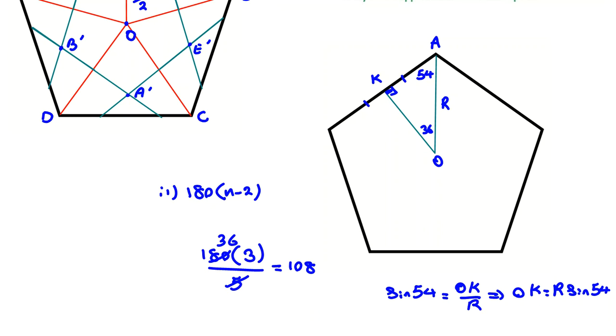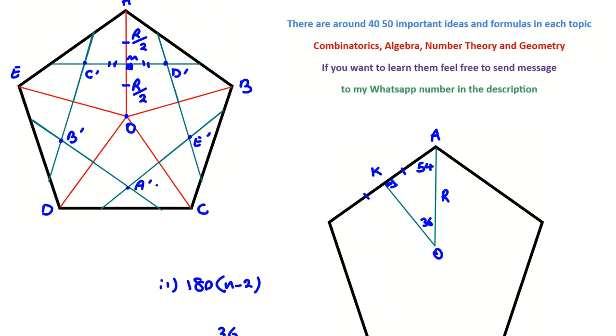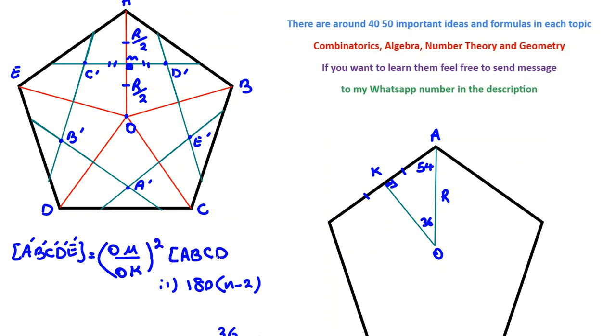Now, we want the area of the new pentagon. We know A prime, B prime, C prime, D prime, E prime is similar to ABCDE. To find the area, we take the ratio of two corresponding lengths, OM over OK, squared, times the area of ABCDE. This is the idea for similar figures: when you want to find area, it is the ratio squared.